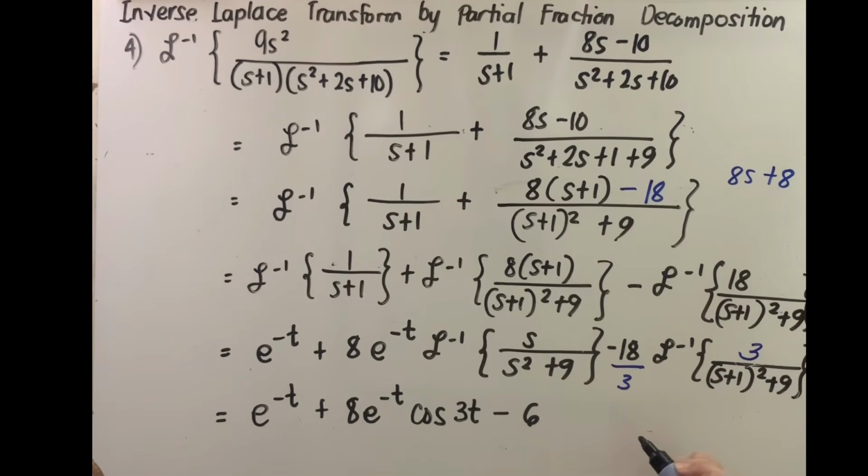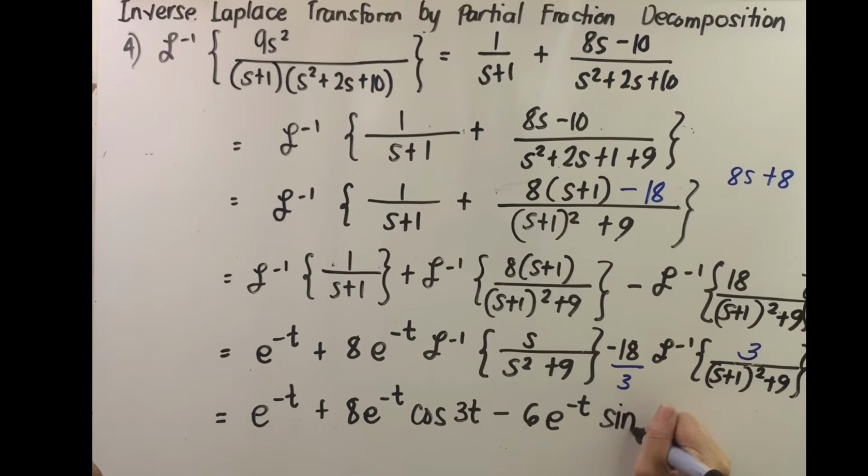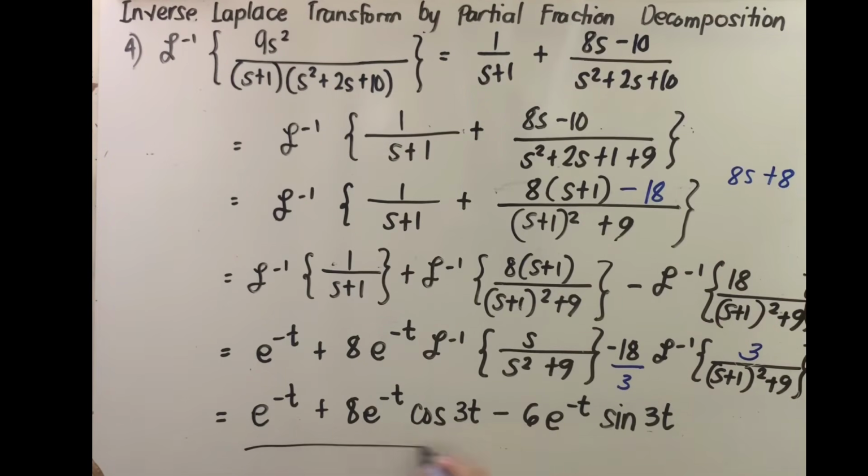So, 6 e raised to negative t, pwedeng diretso na, diba? Kasi hindi ko na ilabas kanina. So, magiging s squared na lang to plus 9. So, 3 all over s squared plus 9. Ibig sabihin, sine kt yun, where k is equivalent to 3. And therefore, this is our answer for this particular given.